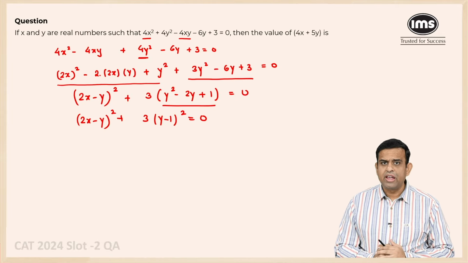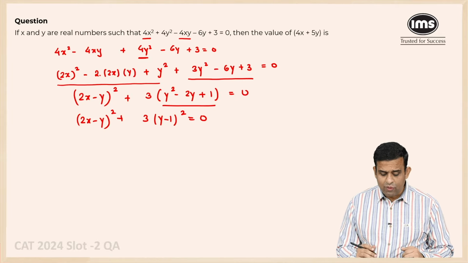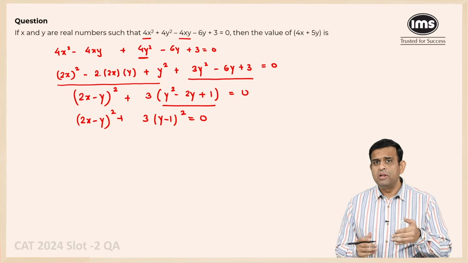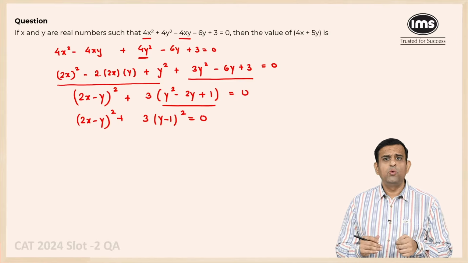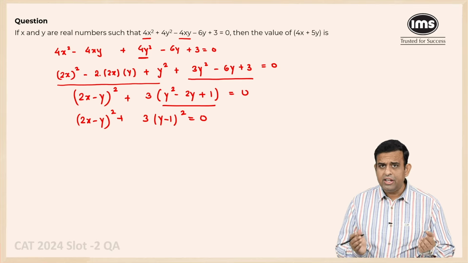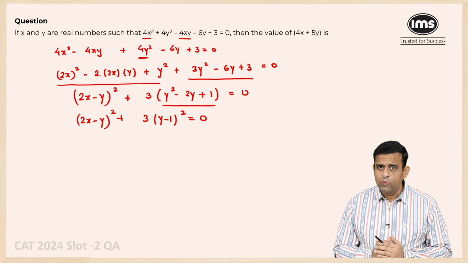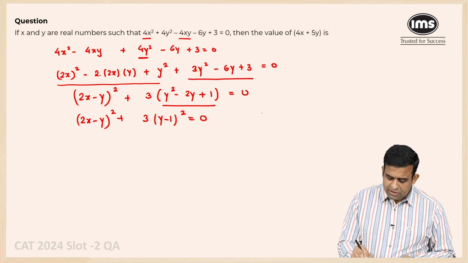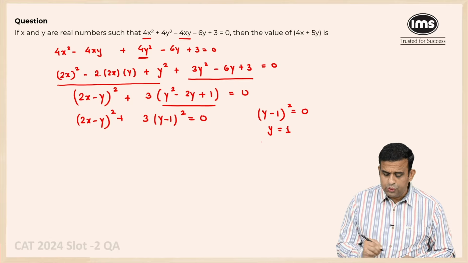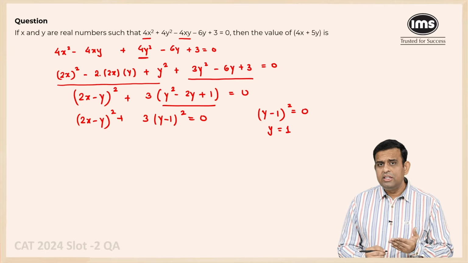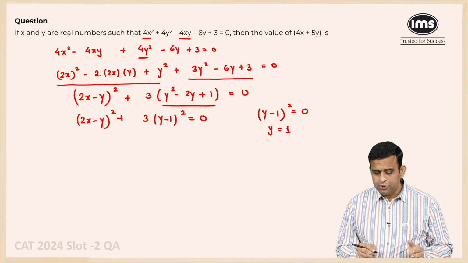Now since x and y are real numbers and what we are getting is a perfect square plus 3 times a perfect square equals 0, this equation can only hold provided each of the perfect square quantities is equal to 0. Which means y minus 1 whole square will be 0, and that can happen if y is equal to 1, and the other perfect square is going to be equal to 0.